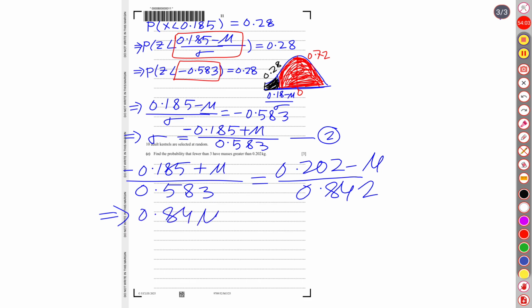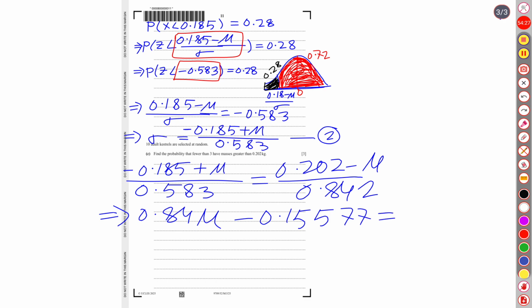0.842 mu is equal to 0.842 mu, then minus, if we multiply 0.842 by 0.185, it is 0.15577 on one side.